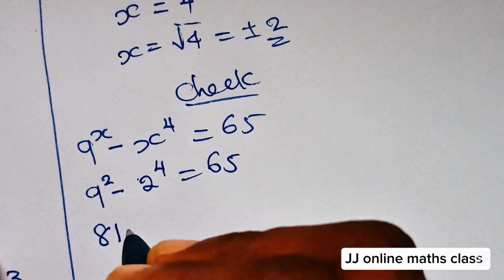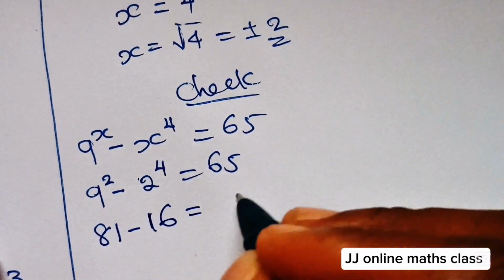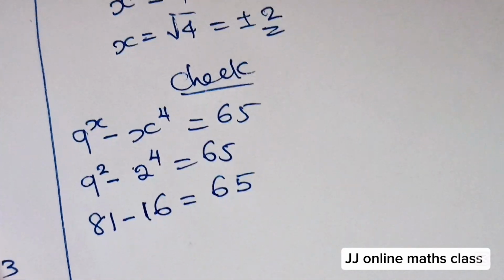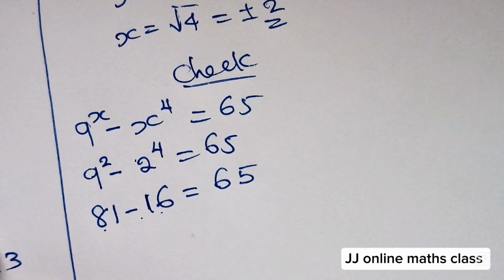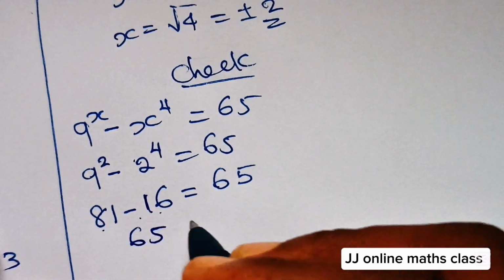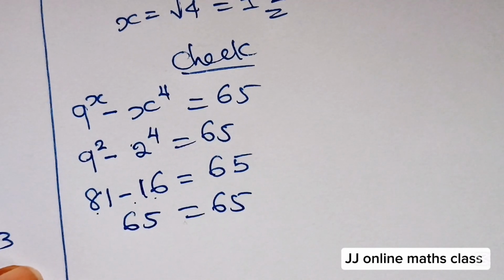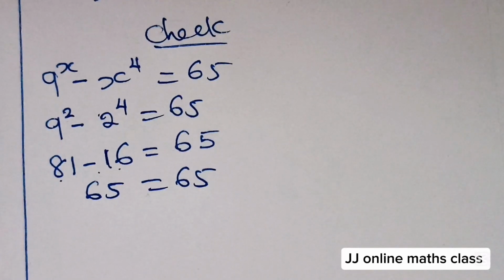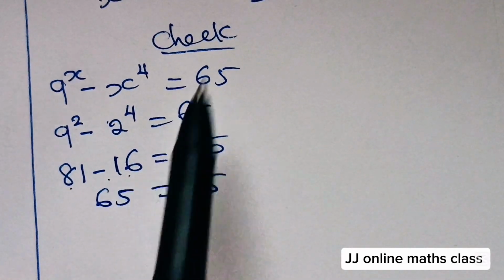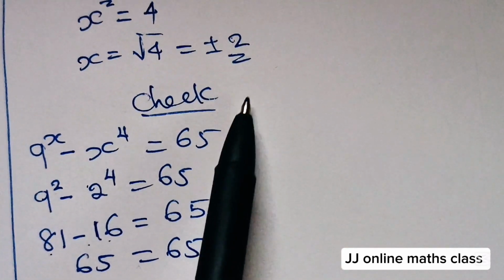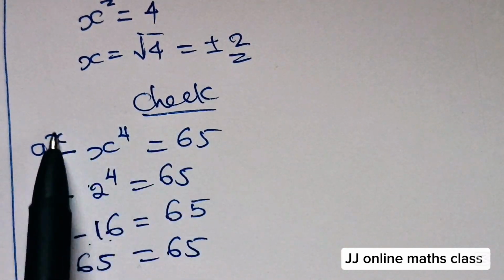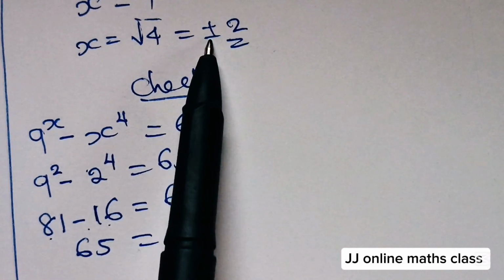So we have 81 minus 16, which gives us 65. So we can see that 65 is equal to 65. Now for the second value of x, which is minus 2, we know that this cannot give us this. So minus 2 is rejected.